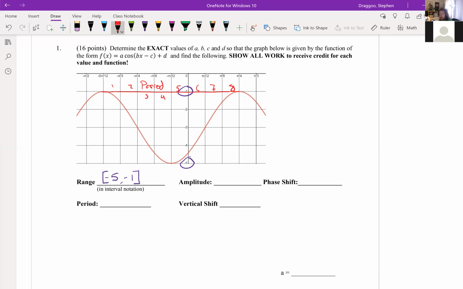And each box has a width of pi over 12. So that period is going to be 8 boxes with a width of pi over 12. 8 over 12 simplifies to 2 over 3. So 2 pi over 3 for the period. Scooch that up a little bit.